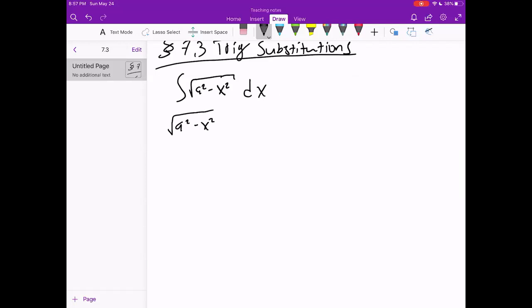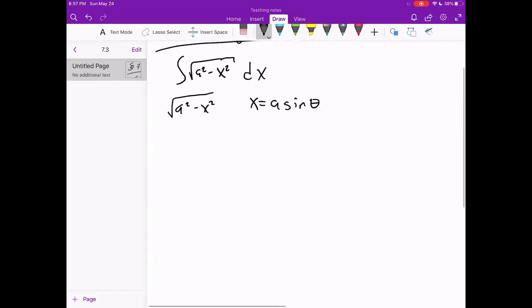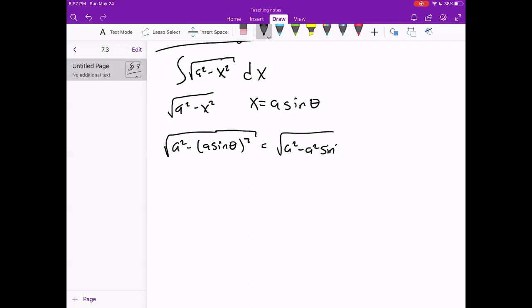So we want to try and put this in a form that allows us to integrate this thing a little more easily. So the motivation behind this is if you let x equal a sine theta, I can plug this in. It's going to be a squared minus a sine theta squared, which is square root of a squared minus a squared sine squared theta.